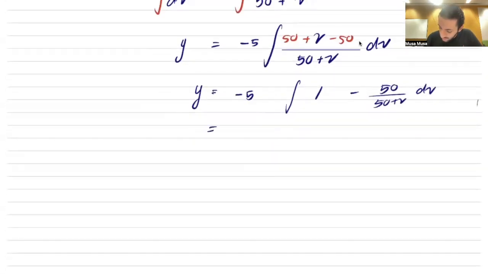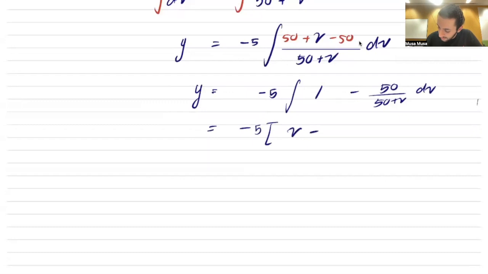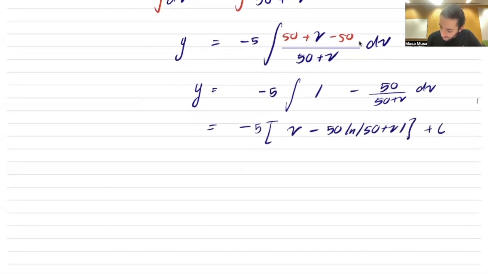Of course, we can figure this out. This is going to be V minus 50 ln of the absolute value of 50 plus V, and then plus C. So Y equals minus 5V plus 250 ln of 50 plus V plus C.